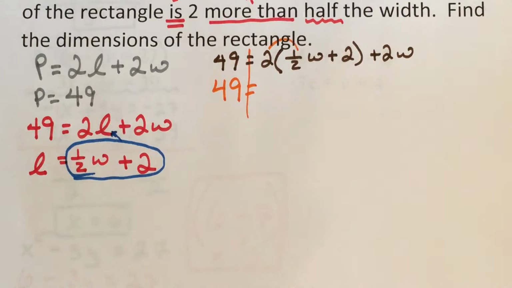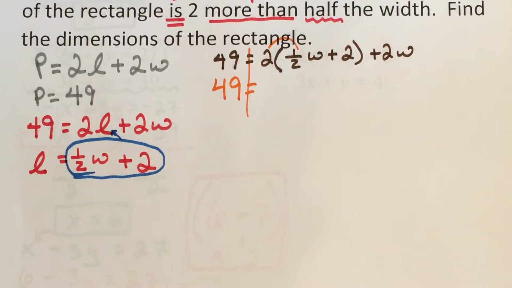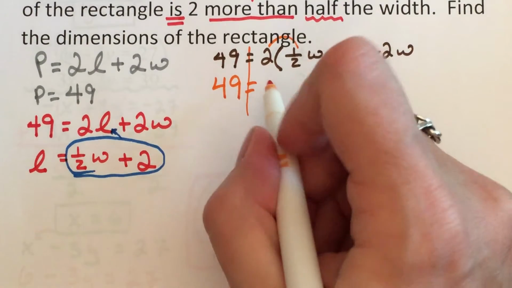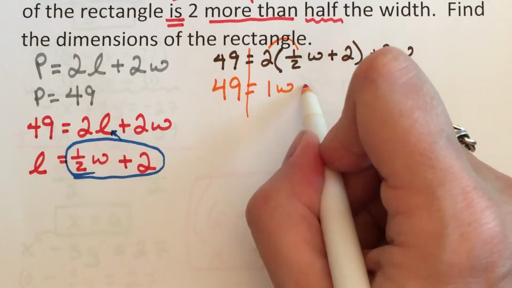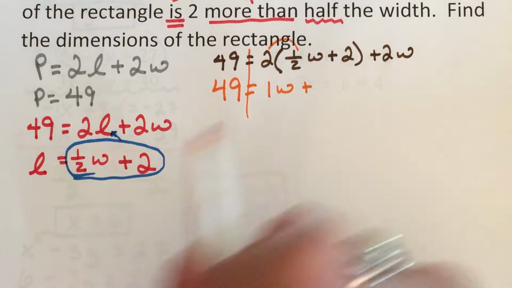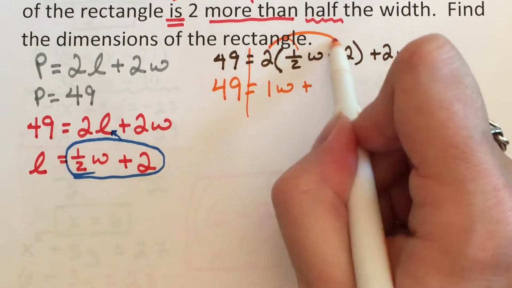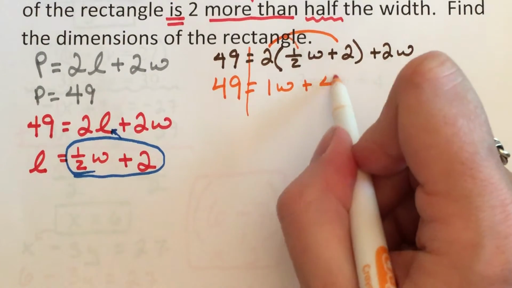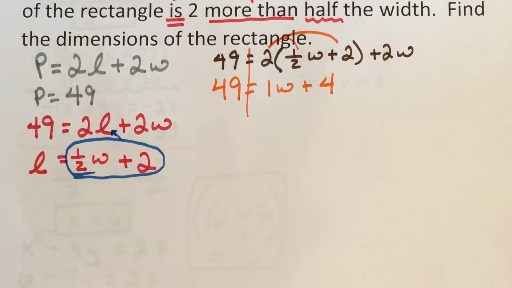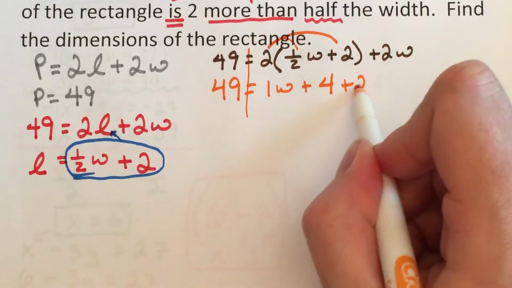What is 2 times 1/2? What's half of 2? Just one width. A positive times a positive is a positive. 2 times 2 is 4. Yep. And then our last 2W.